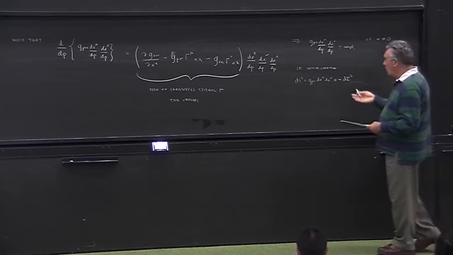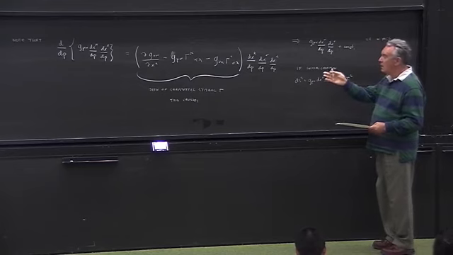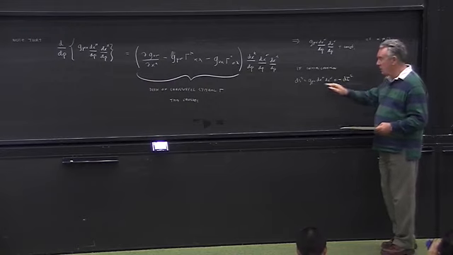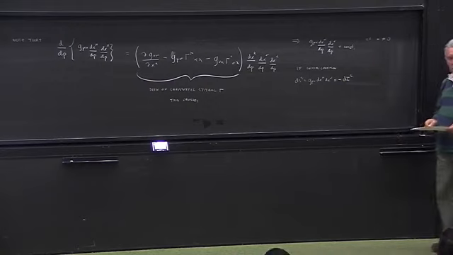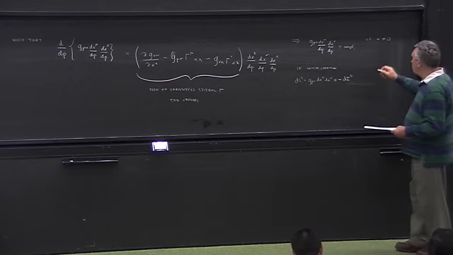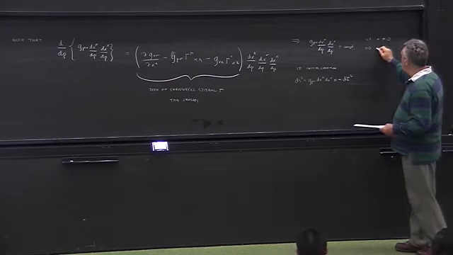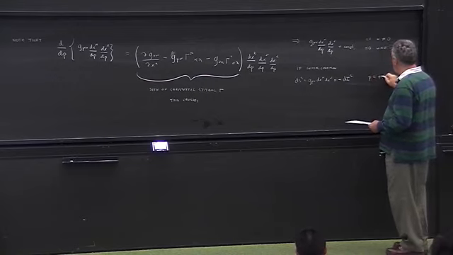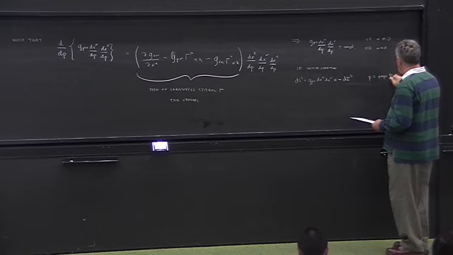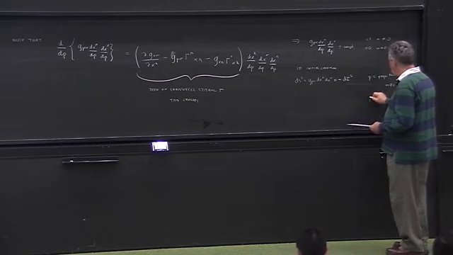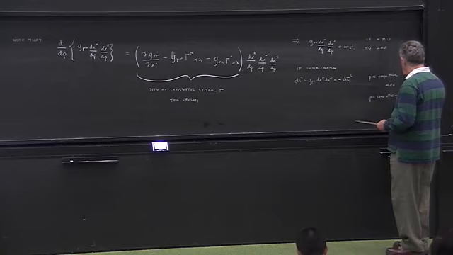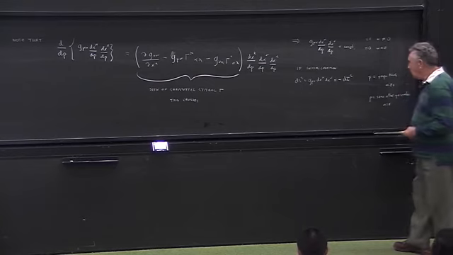But we can't use that parameter s or tau for the massless case because this vanishes in the massless case. So we have to use some other parameter. So we can put p equal to proper time in the massive case, but p is some other parameter in the massless case.